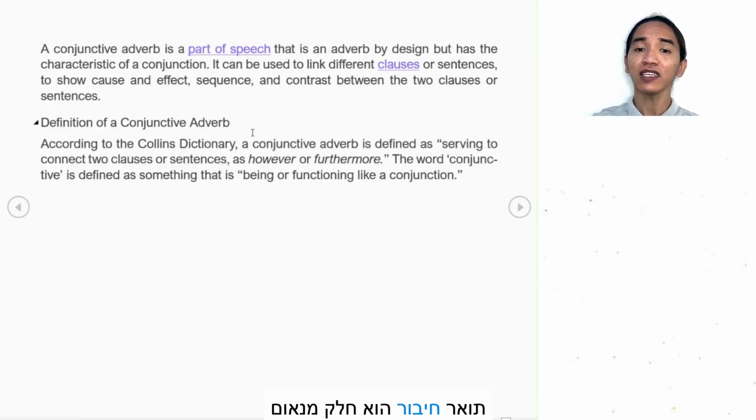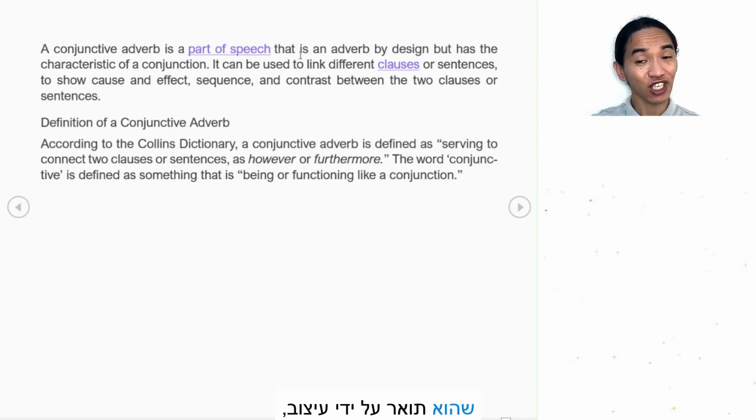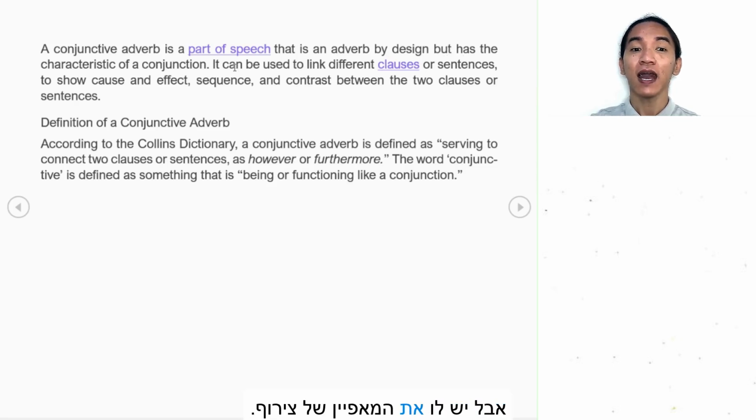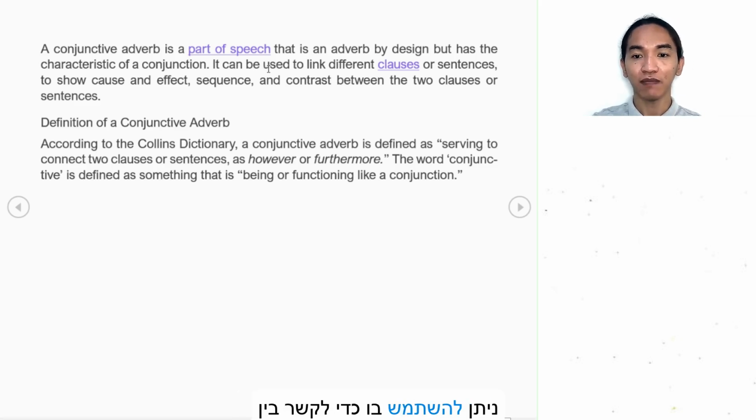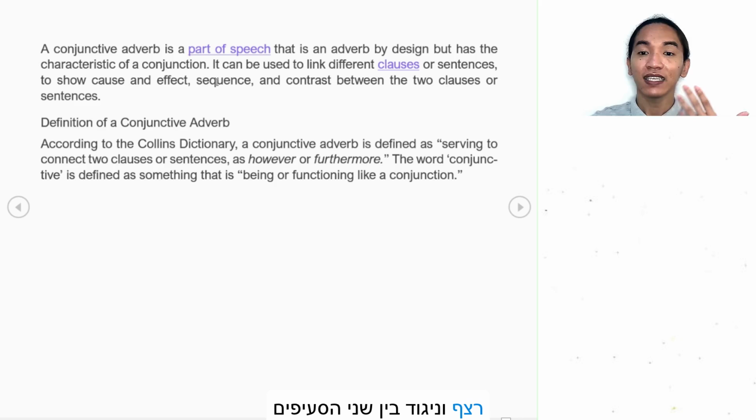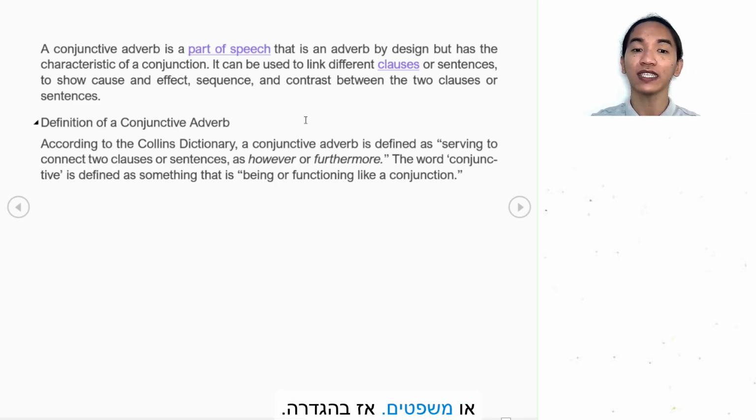So a conjunctive adverb is a part of speech that is an adverb by design, but has the characteristic of a conjunction. So therefore, it is an adverb but has the characteristic of a conjunction. It can be used to link different clauses or sentences to show cause and effect, sequence, and contrast between the two clauses or sentences.